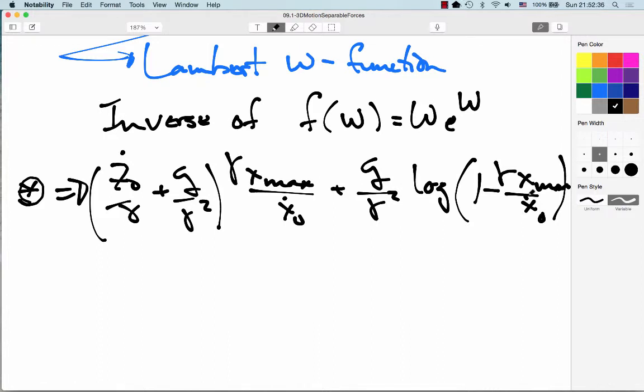All right, that's a transcendental function, and we're not really going to get very far with it, but wherever we see this gamma x max over x naught dot, let's call that u.